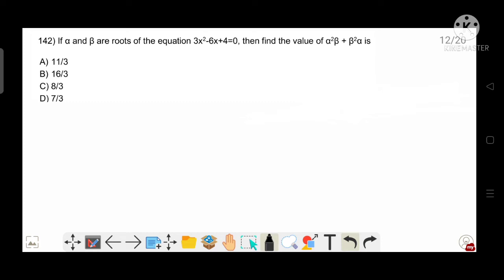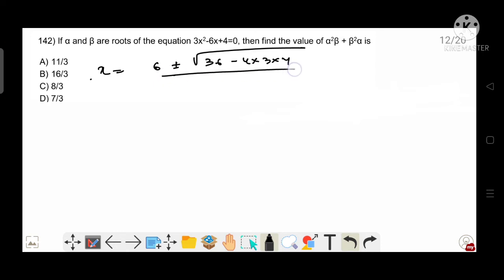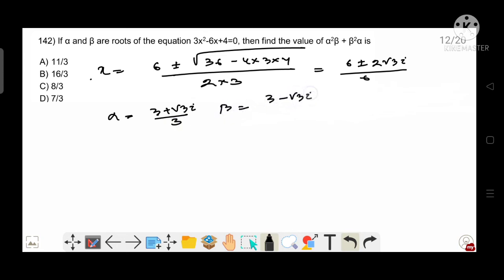So 3x square minus 6x plus 4, so x would be minus b plus minus square root of b square minus 4ac, which is 36 minus 4 into 3 into 4, divided by 2 into 3, which is equal to 6 plus minus 2 root 3i divided by 6. So alpha would be 3 plus root 3i divided by 3, and beta would be 3 minus root 3i divided by 3, isn't it?